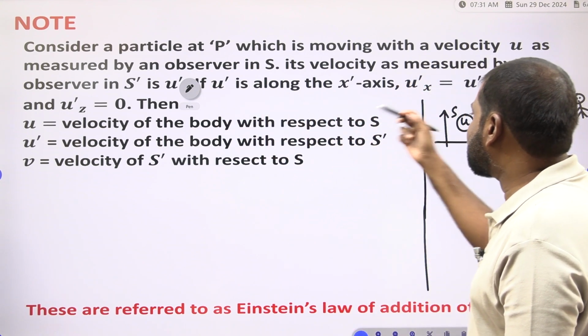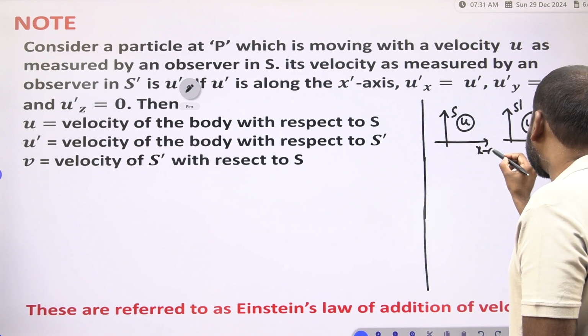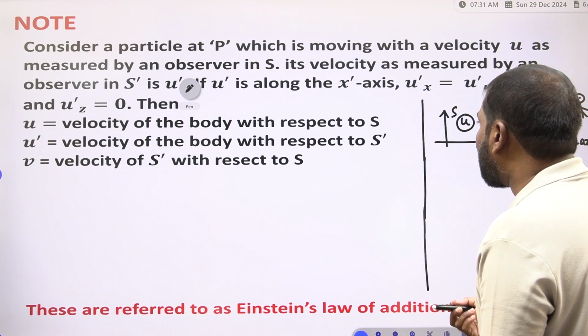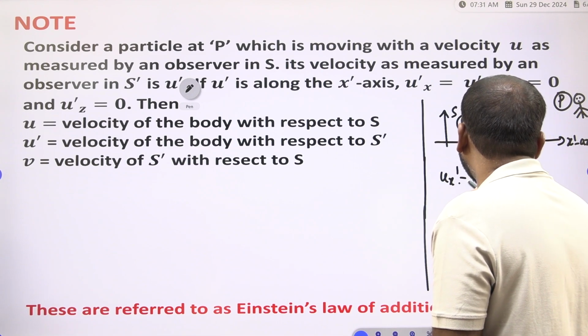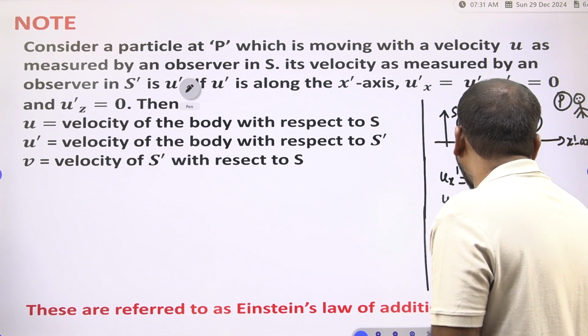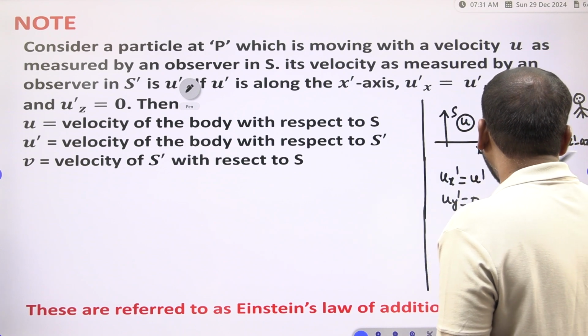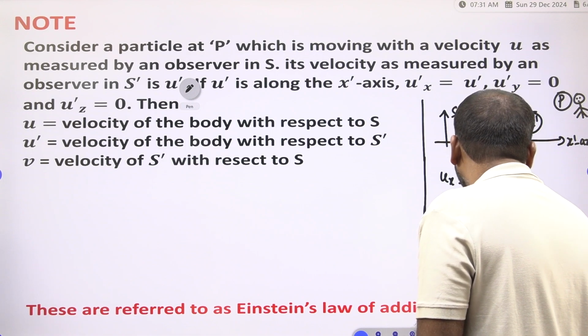If u dash is along the x dash axis, this is the x axis, therefore what we have to consider here is u x dash is equal to u, and u y dash is equal to 0 because the particle is moving along the x direction. u z dash is equal to 0.